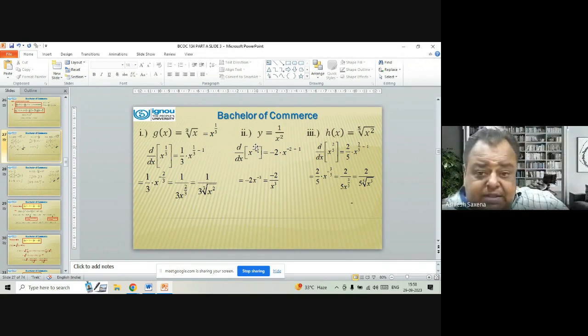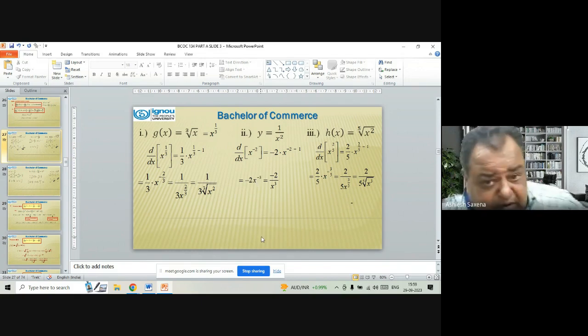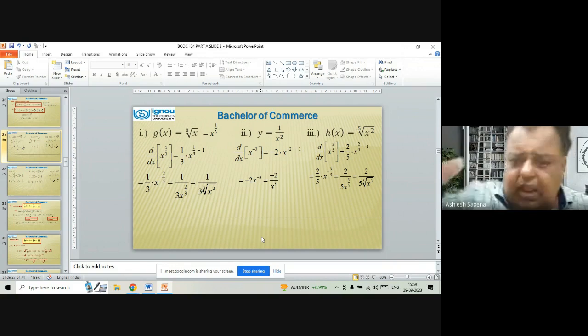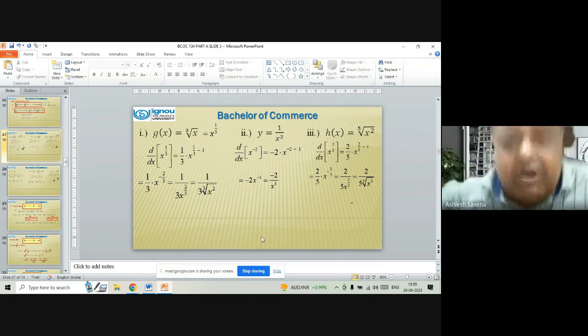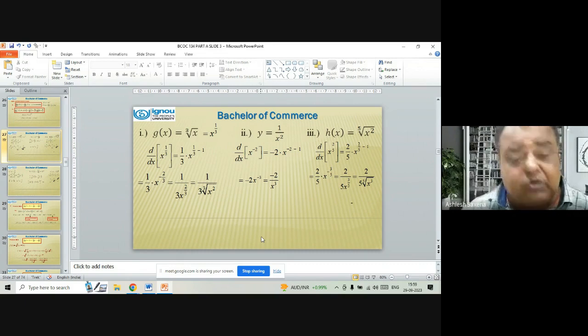I will be bringing this minus 2 in front of x, and I will be reducing its power by 1. You can see over here, minus 2 into x to the power minus 2 minus 1. This is minus 3. That means this is minus 2 into x raised to the power minus 3. We can bring this x raised to the power minus 3 to the denominator. So it will be minus 2 divided by x cubed.